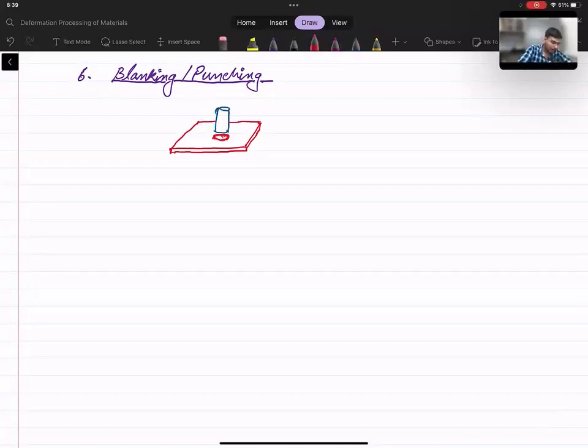Okay. So there will be dies at the bottom which will support the blank. Say like this. This is the die onto which this blank has been kept. And after the punch passes through, the cutout part will be dropped at the bottom like this.